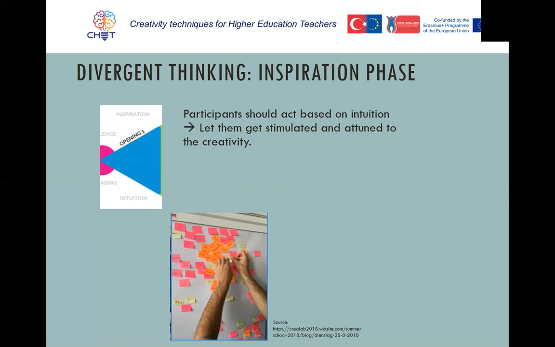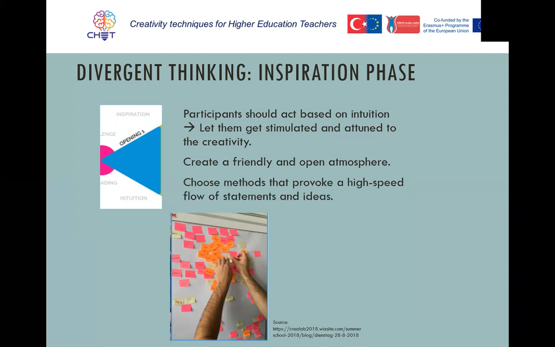Make them do some physical activities that are already related to the question. But don't get them into thinking, reasoning, or anything like that. You should create a friendly and open atmosphere, and you should choose methods that provoke a high-speed flow of statements and ideas, because a high speed always means people cannot really think, right?